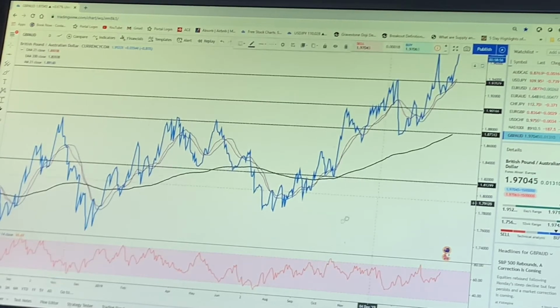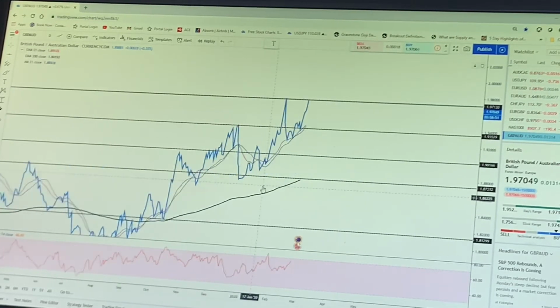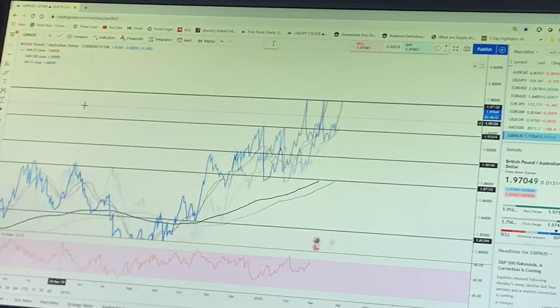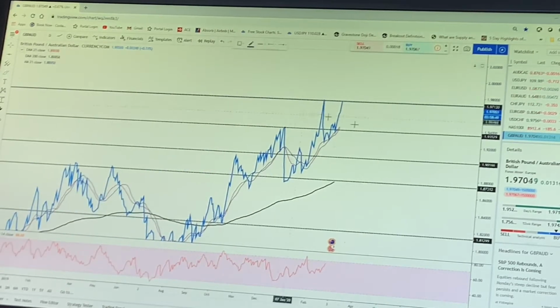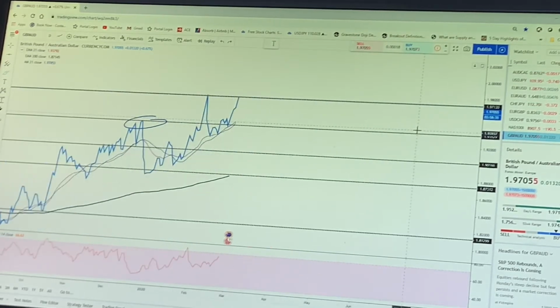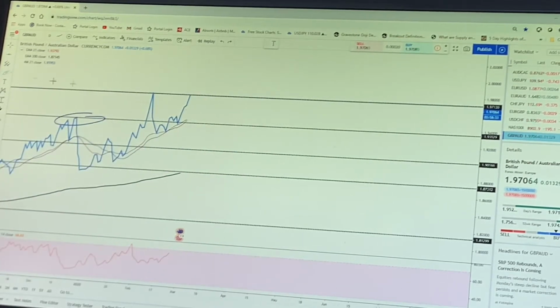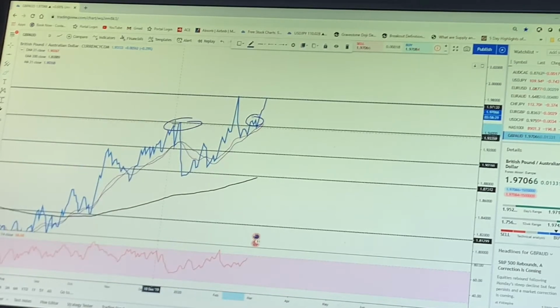All right. So guys, like I said, you want to identify support and resistance. So why did I draw the lines the way that I did? Well, first off, we do have a resistance right here. We have support right here. Sorry, let me zoom in. All right, so we have support right here, resistance right here.